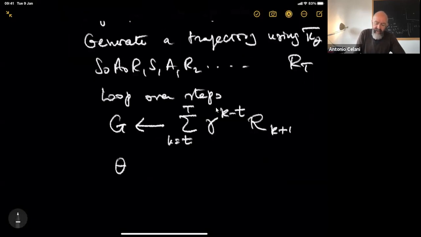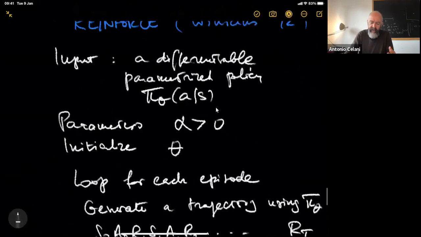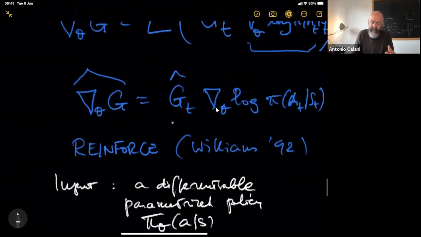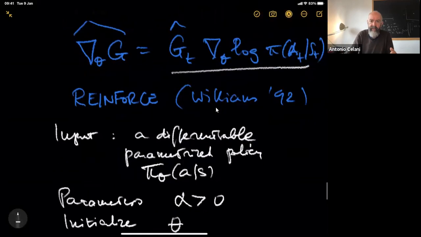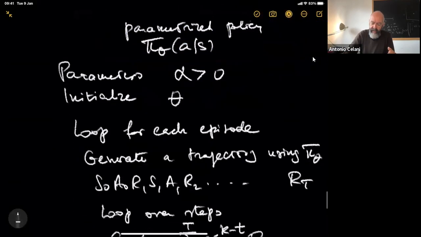And then given that, you can update, this is the important part, you update the policy by doing stochastic gradient descent. So you take a step in the direction of the gradient. But what is your estimate of the gradient? Well, you have it here, and you plug that here.